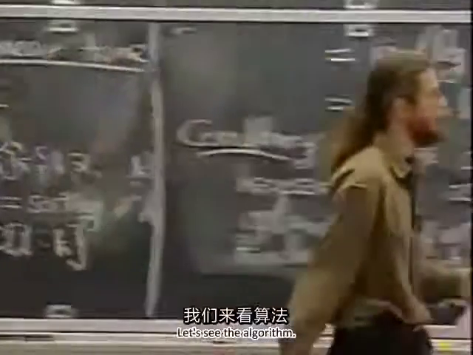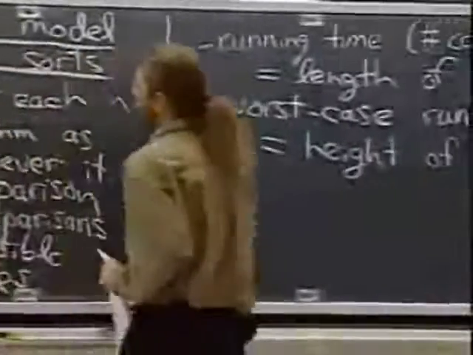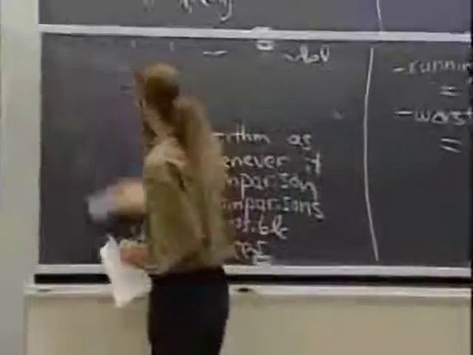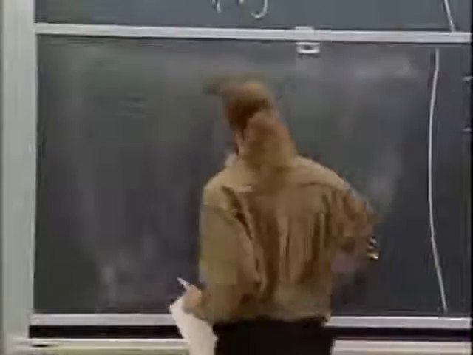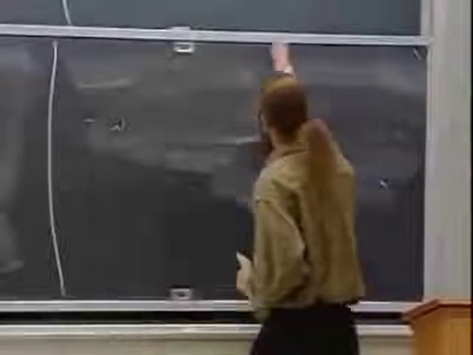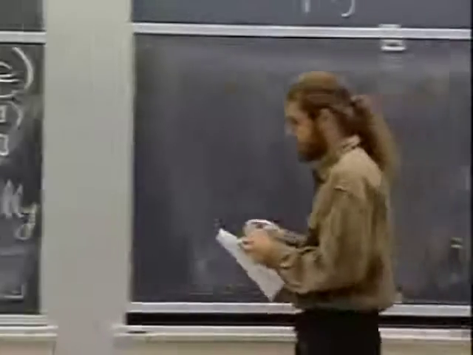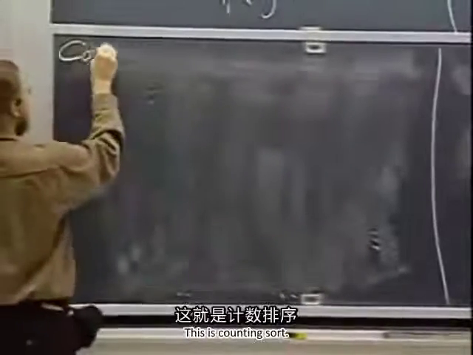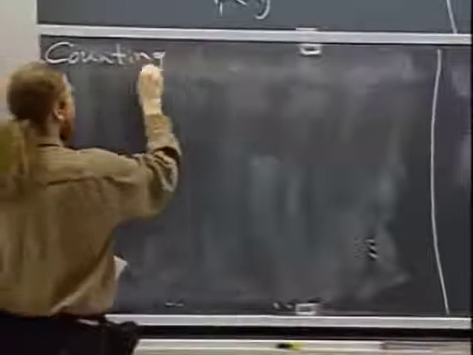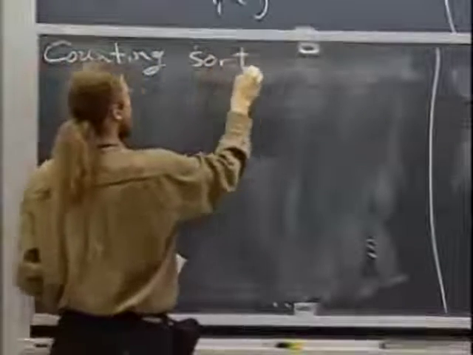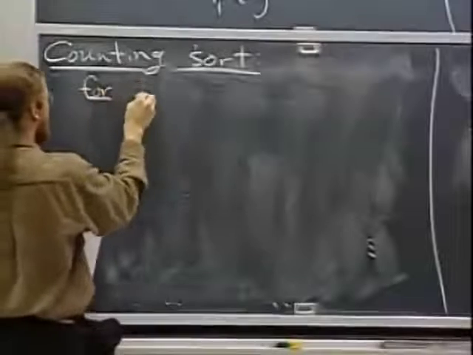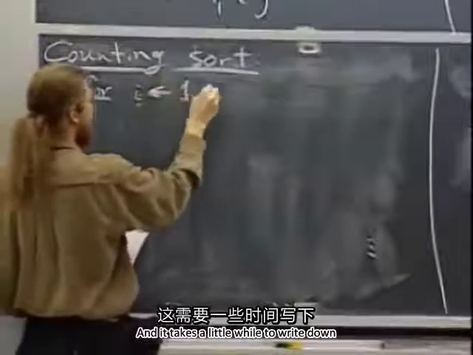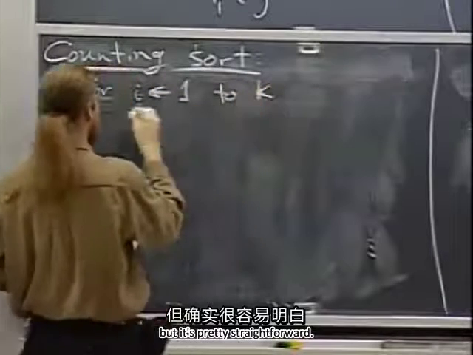So let's see the algorithm. This is counting sort. It takes a little while to write down, but it's pretty straightforward.